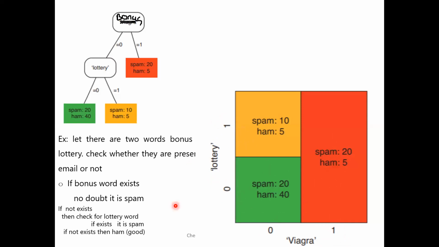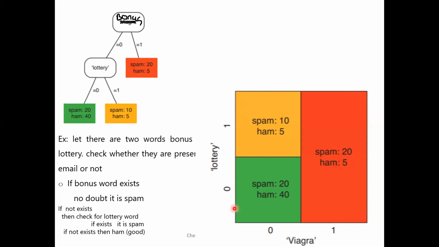If Viagra is 0 and lottery is 0, we say spam is 20, ham is 40. And if Viagra is 0 and lottery is 1, we say spam is 10 and ham is 5. This is the table visualization.